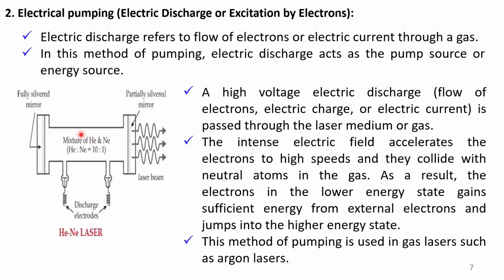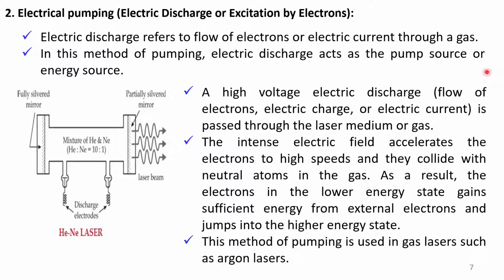Now it consists of a discharge tube in which a mixture of helium and neon gas is inserted. This discharge tube consists of two discharge electrodes here.